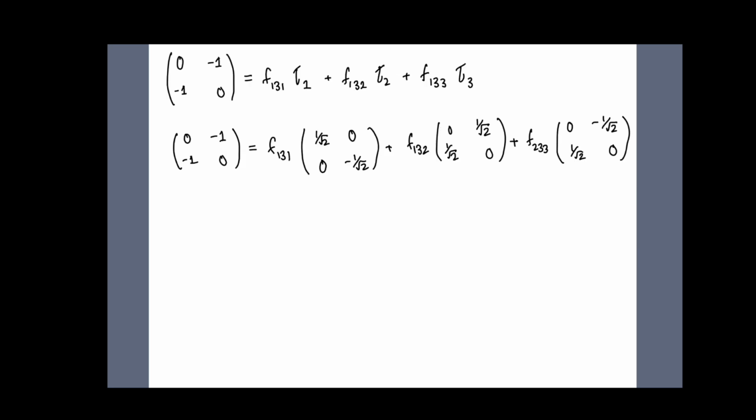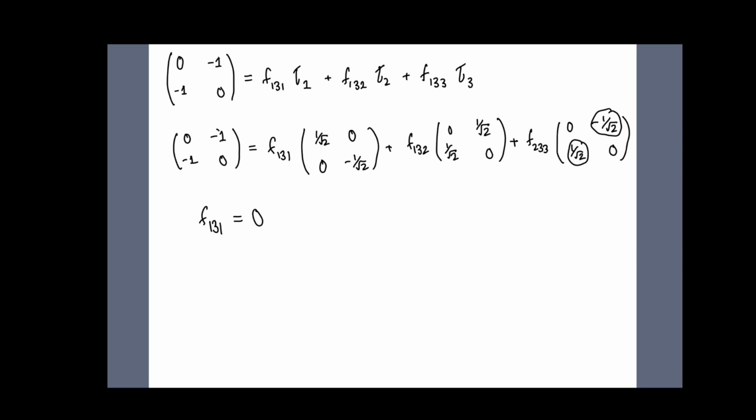Now, again, by inspection, we can tell that f131 is going to be equal to 0, because over here we have a negative and then a positive, we cannot multiply this matrix by a constant to get both of the elements now negative.